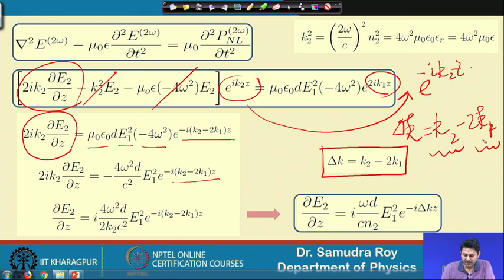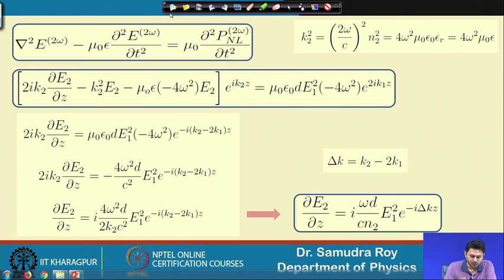The difference k 2 minus 2 k 1, which is delta k, is our phase mismatch. If delta k equals 0, we have absolute phase match, and this exponential term is going to vanish. We will come to this point later, but here we retain this term k 2 and try to find out the expression in a more compact form.